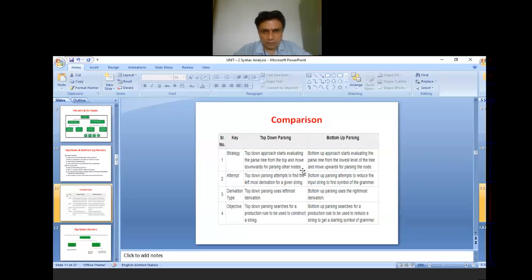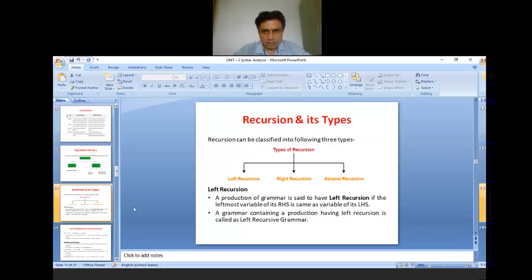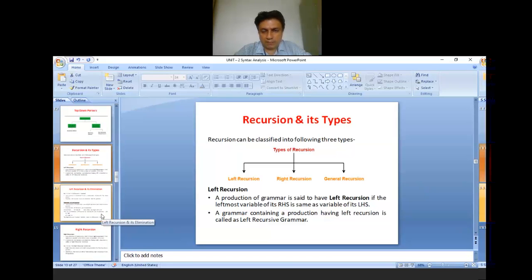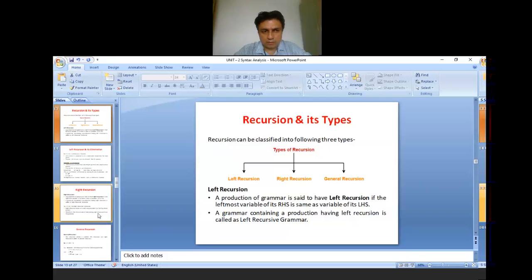We also discussed their comparison, and what recursion is and its types. We discussed left recursion and how we need to eliminate left recursion in the grammar to make it suitable for a top-down parser.